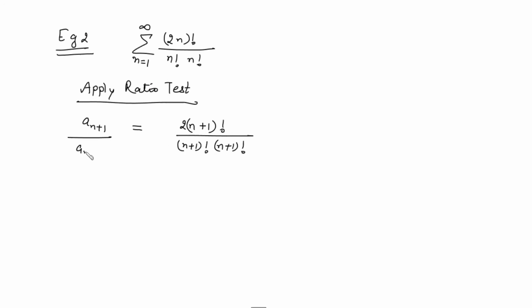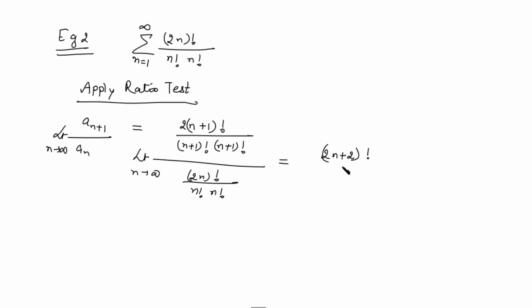What is your nth term? That is given to you, (2n)! divided by n! into n!. Now you find the limit of both sides. Now just simplify this. What will you have? This is (2n plus 2)! divided by (n plus 1)! into (n plus 1)! into n! divided by (2n)!, and take the limit of it.